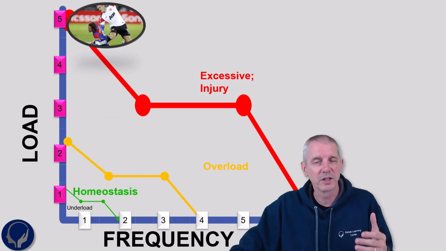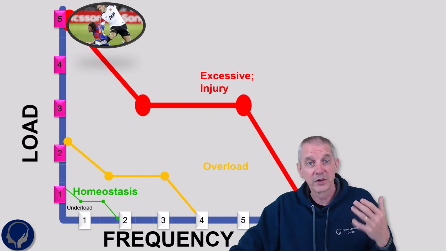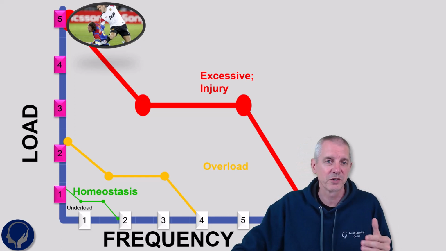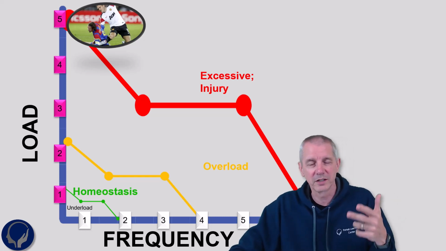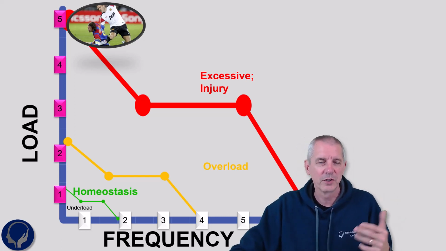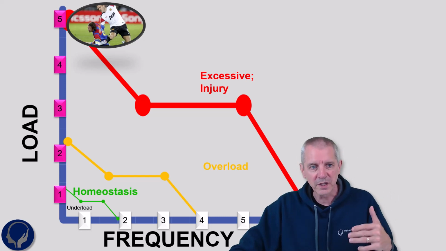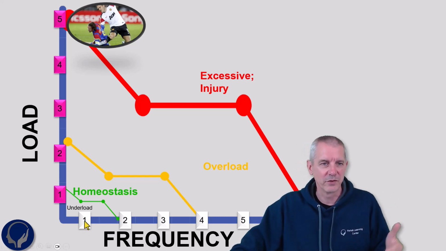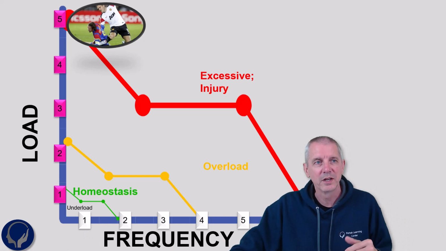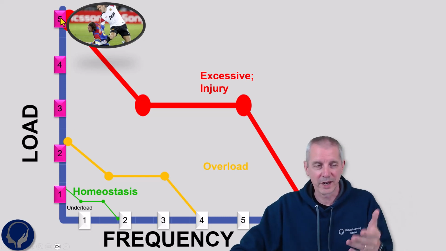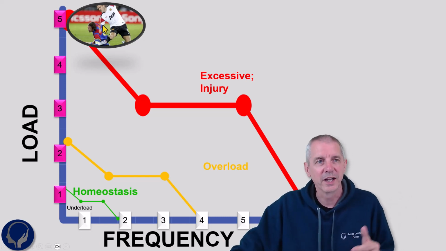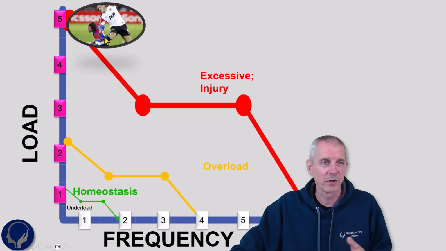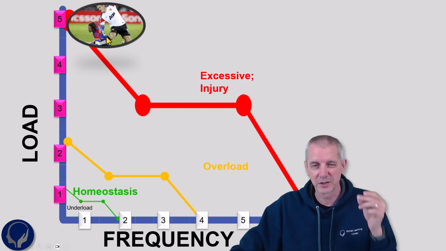Typically, if you look at physical stress theory, remember it talks about the magnitude of the load, the direction, and the timing of the load. So if you have a one-time event, so the frequency is 1 time, but the load is at a maximum, like the soccer player where another player falls into him, a huge valgus stress, it's really quick.